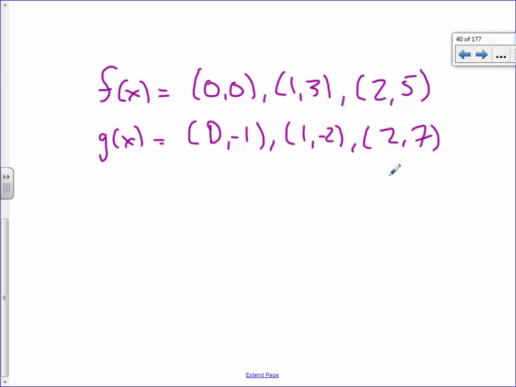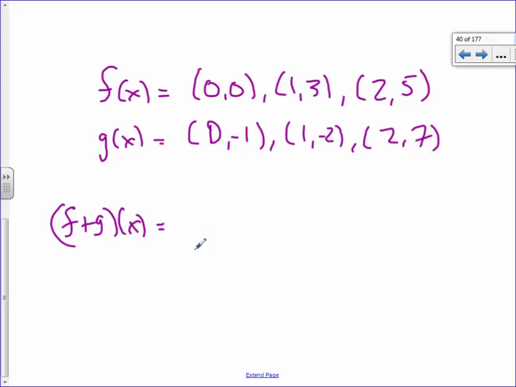This should look something similar to one of your assignment questions. What I might ask you to do then is tell me what is f plus g of x. So what does this mean to do? It means imagine these points were on a graph somewhere. Keep the same x value, add their y values.